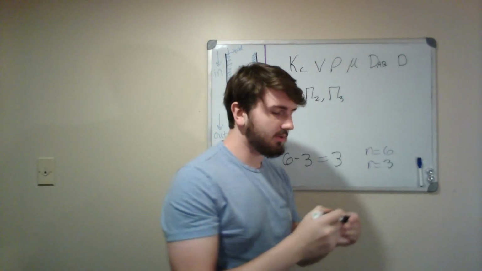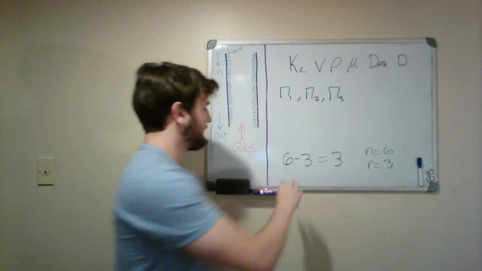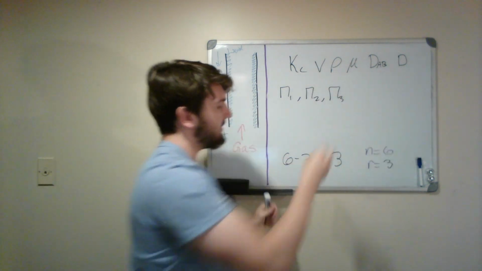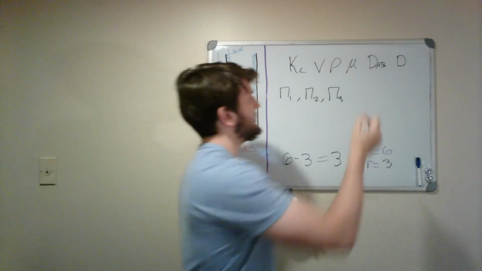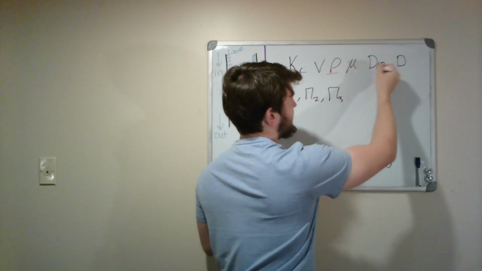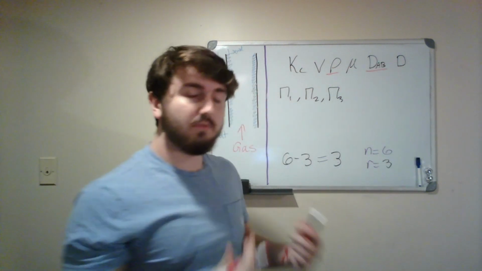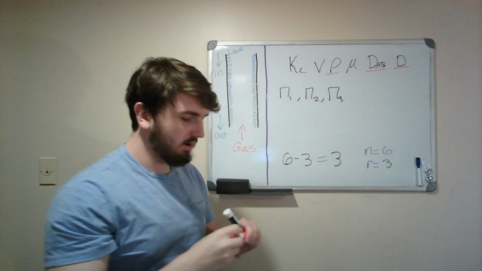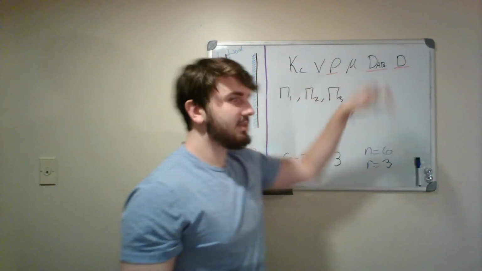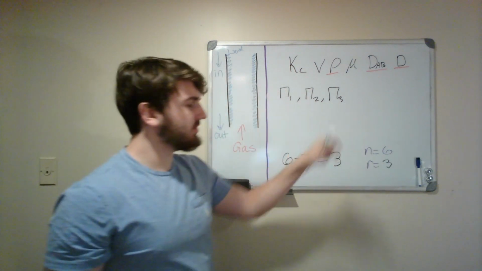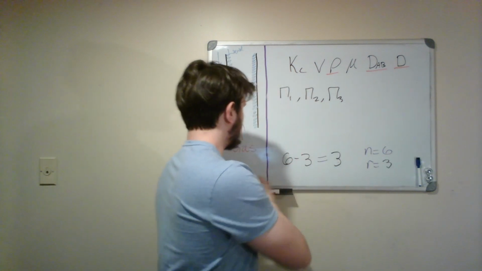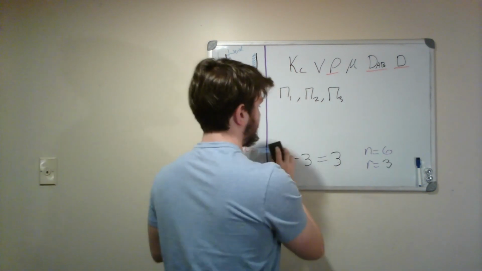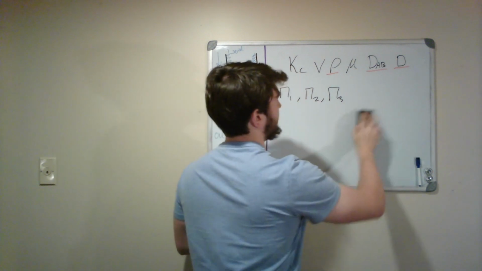But we're also going to have to find a core group from these variables. We're going to be using density, the diffusion coefficient, and diameter as part of our core group, and the rest of these will be variables for each expression. So we can go ahead and erase all this down here.